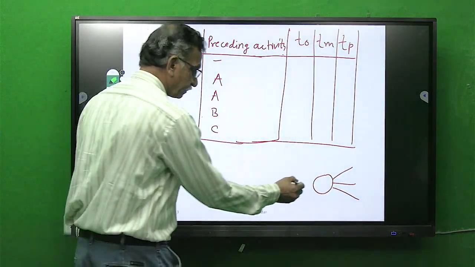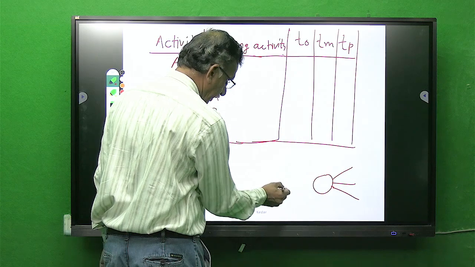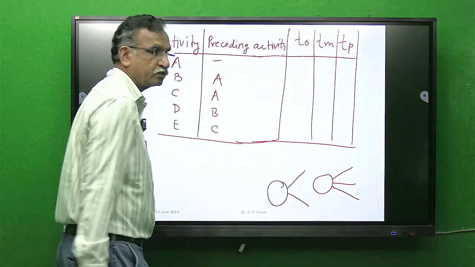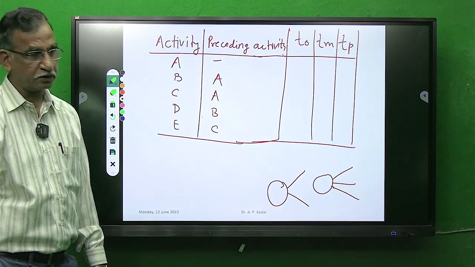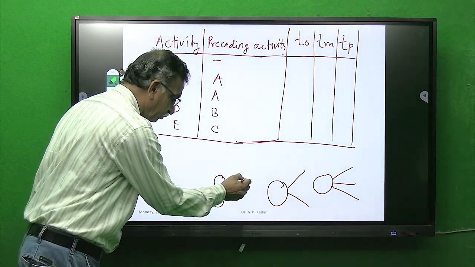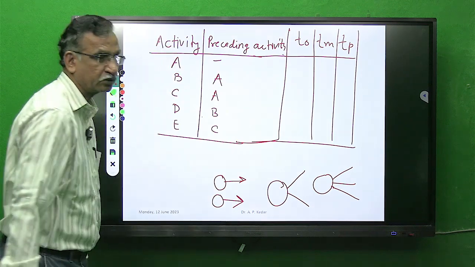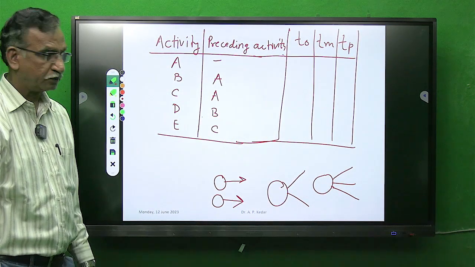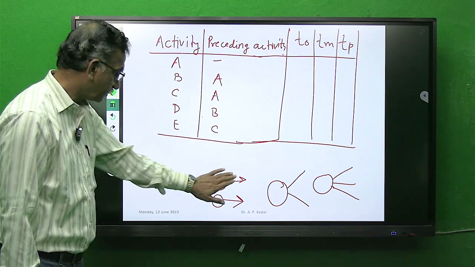Suppose I get this dash at 2 places, it means 2 activities will start simultaneously. Again, don't do the mistake of starting activities like this. Never. Clear?